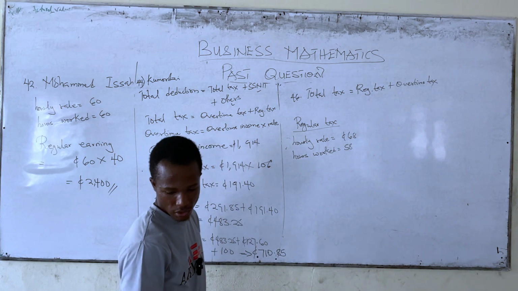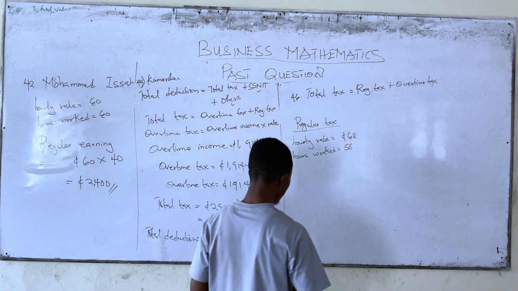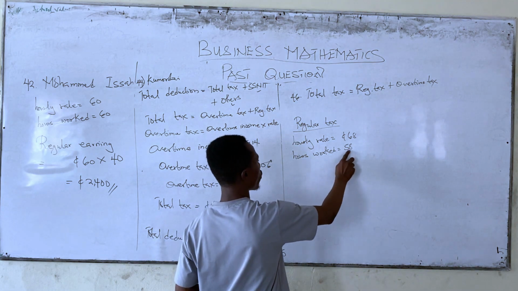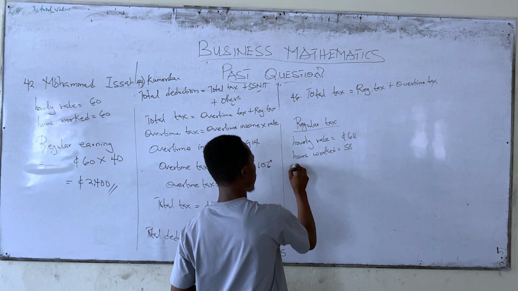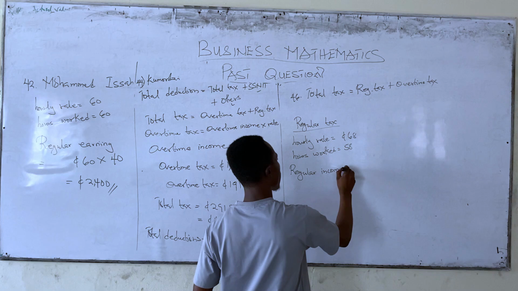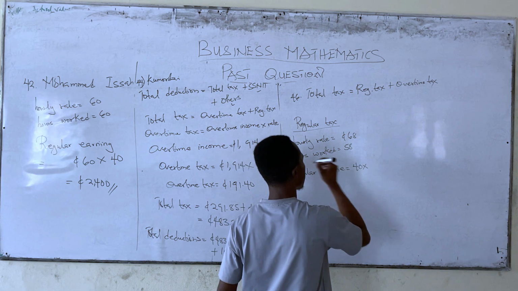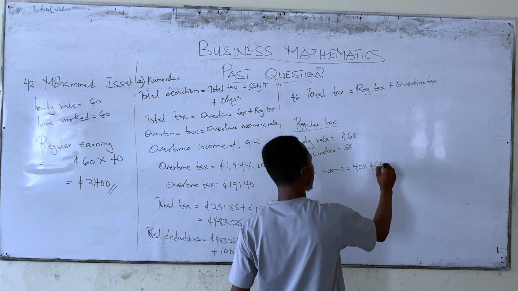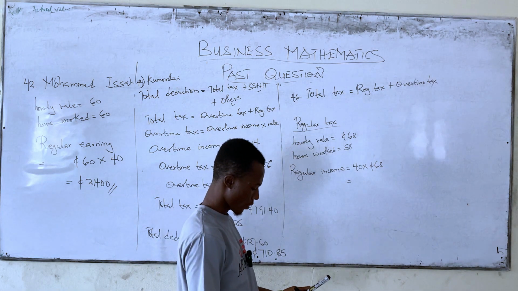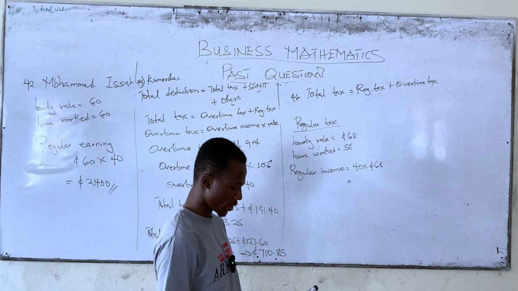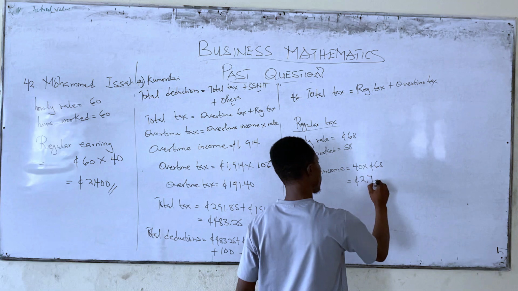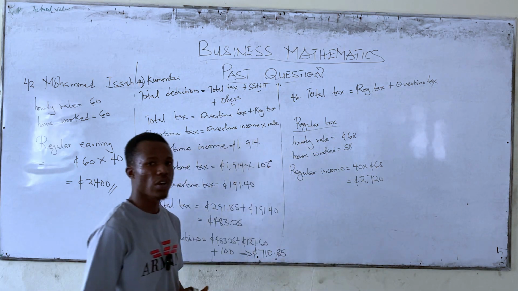So for the regular income, we are going to take 40 from here. That is 40 multiplying the rate, which is 68. So 40 times 68 is what? 2,720, right? 2,720 for the regular income.